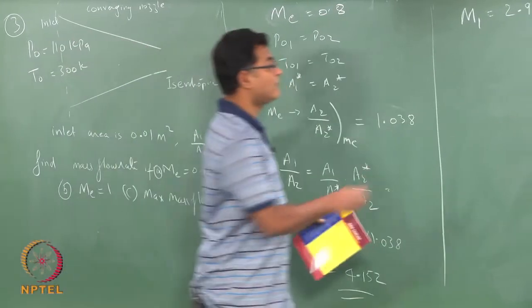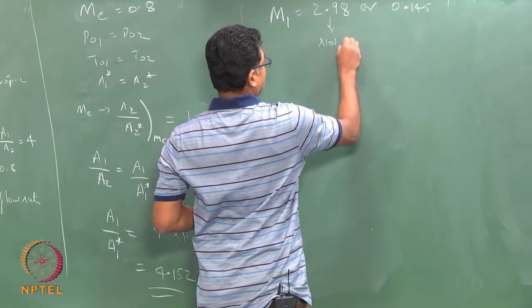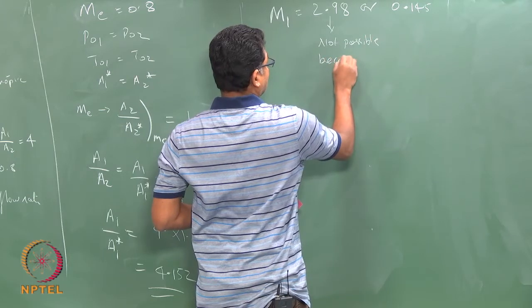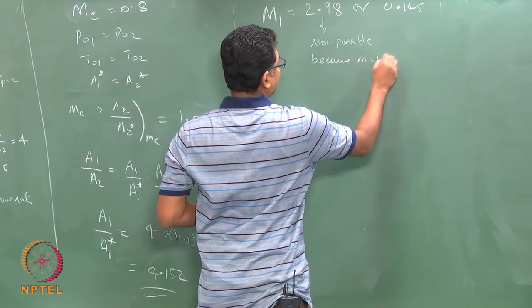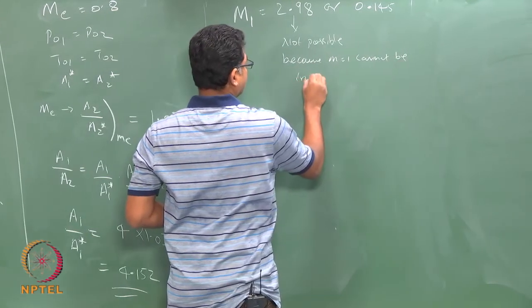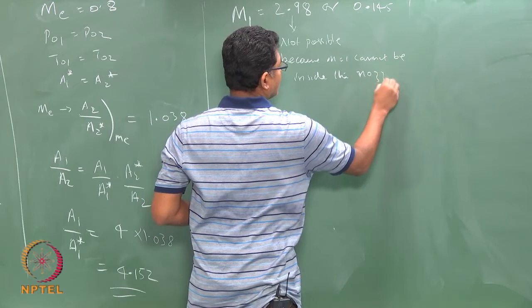So, the supersonic flow is not possible because m equals 1 cannot be inside the nozzle. Why is that?